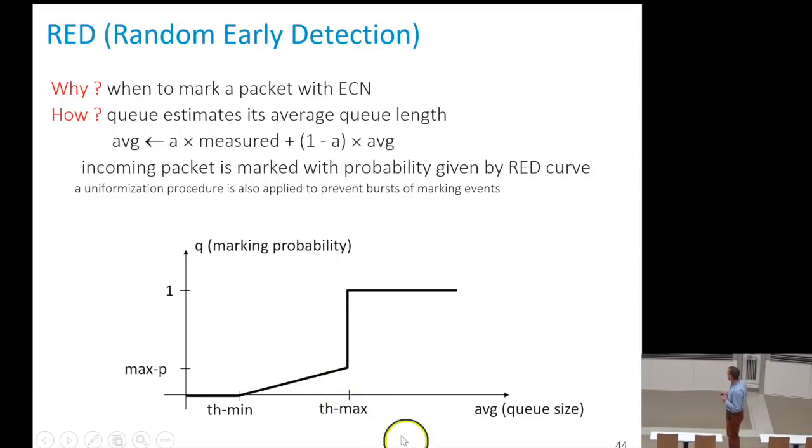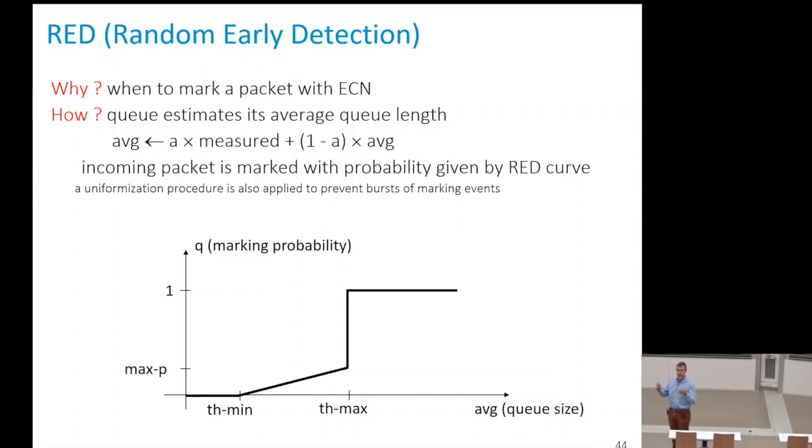Of course, if you hit the buffer size, then you want to drop with probability 1 or close to 1. But if you're below, you will drop packets even though your buffer is not full, right? Which is apparently a paradox. You have a buffer. The goal of a buffer is to avoid dropping packets. Now you still drop packets.